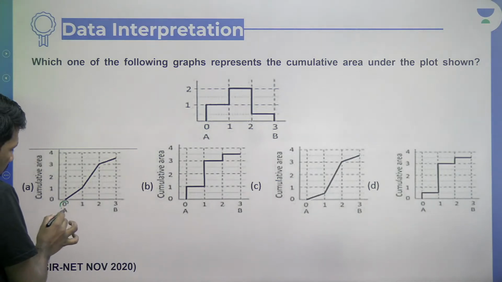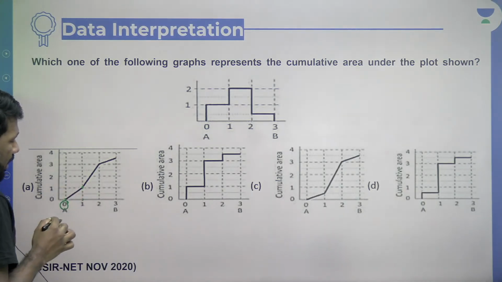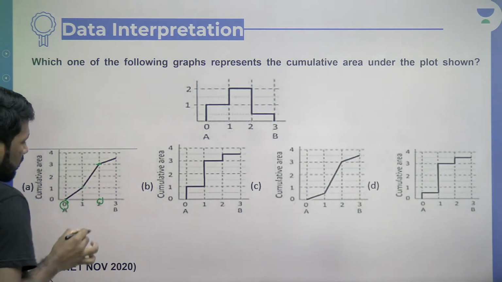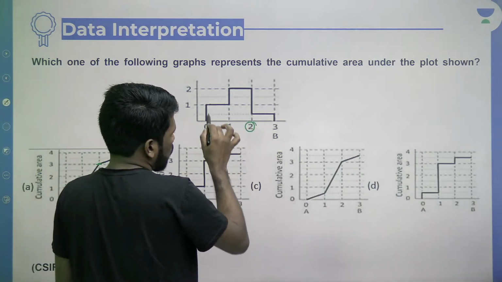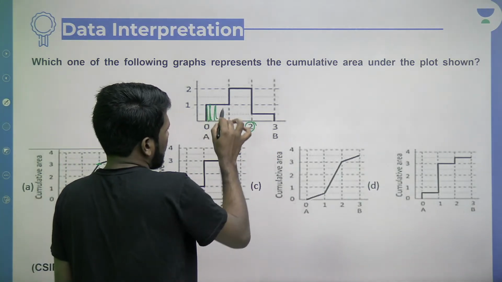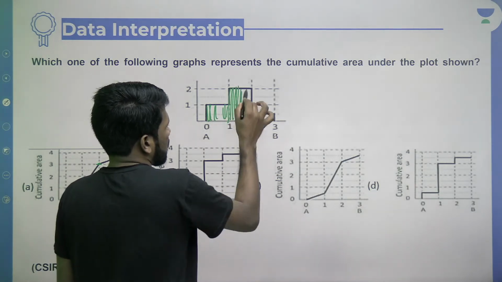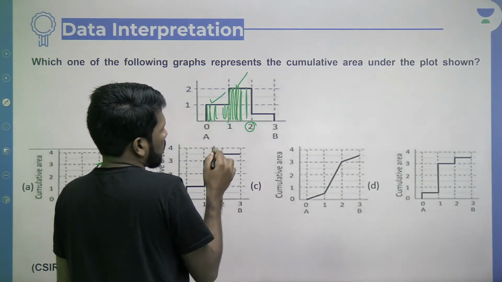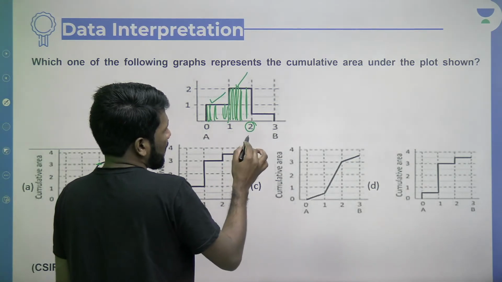So here at 0 the area covered is 0, at 1 the area covered is 1, that is correct. And at 2 the area covered is 3. Is the area covered 3 at 2 or not? When reaching 2, the cumulative area will be this area plus this area, that is this square plus this rectangle, or 3 squares we can say. 3 squares of one area, that will be 3 area.